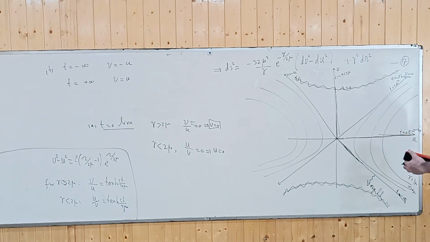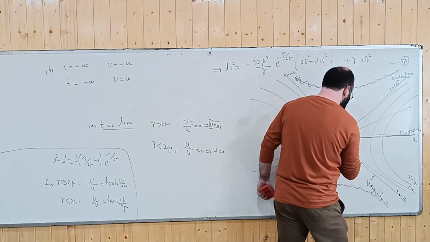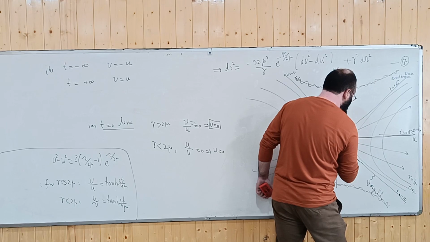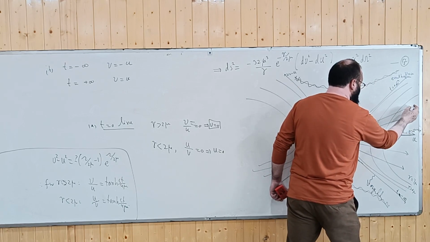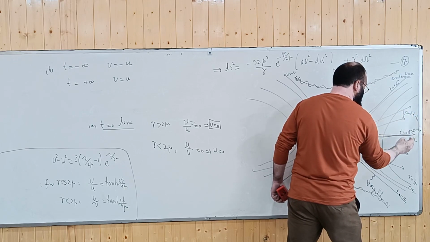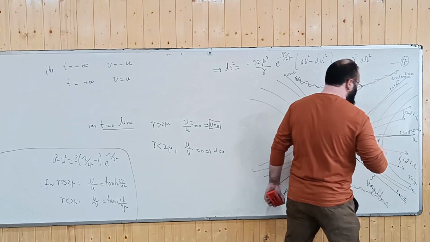So the constant t lines in this region will be like this. So these are the constant t lines. Everybody followed it?